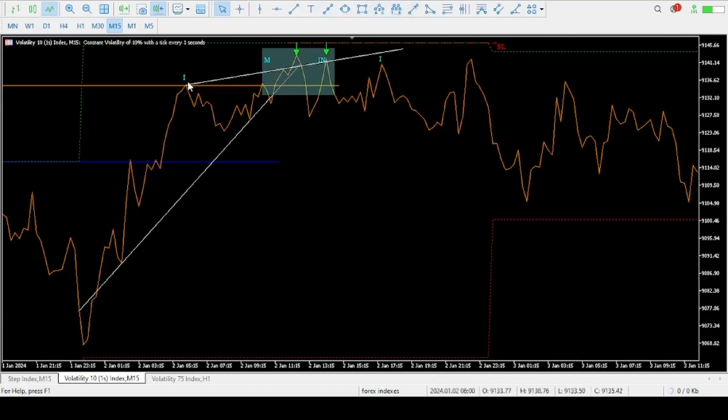So this point here, I, as we go above the first leg of M, you're going to get the first high of M, and then you connect the I and the first high of M in 15 minutes. Then you get the second high, which sticks out and above the trend line, and then once you break this trend line and go below it, you come back for entry on this projected line.